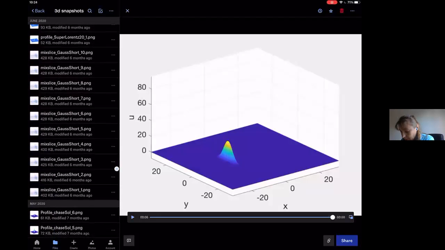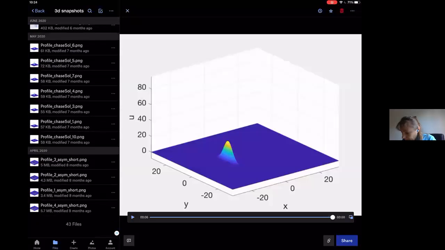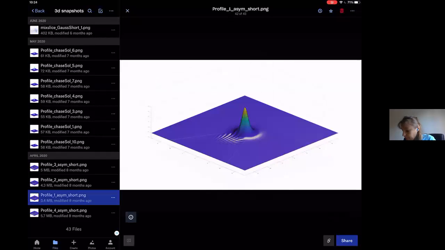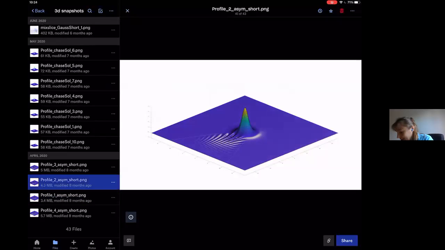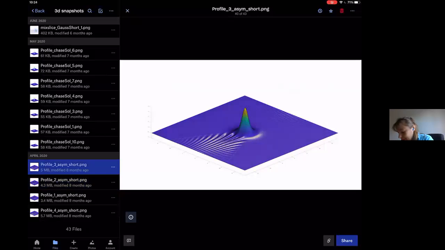So the one which I want to start is over here. Okay, I think we can see this. Now you have to pay attention because it's not a movie, but the pictures will be changing. And for example, you can see how the radiation is starting to go, and it's extending.